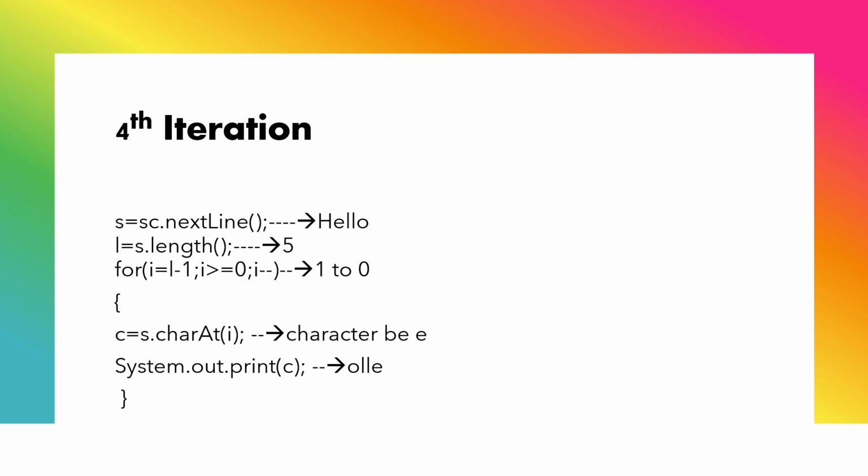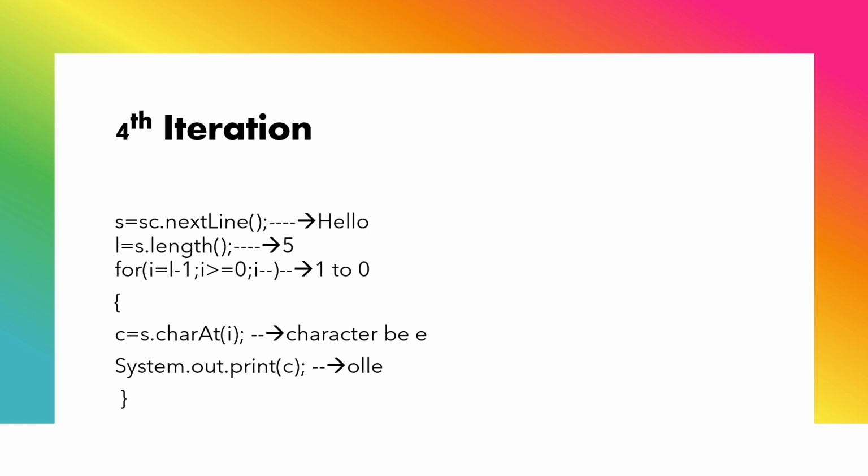So the character picked will be E. Once that is done, we will slowly move to the fifth iteration. But before that, please make sure that we have OLLE in our current print statement, because it is going to print it. So now we will move to the fifth iteration.